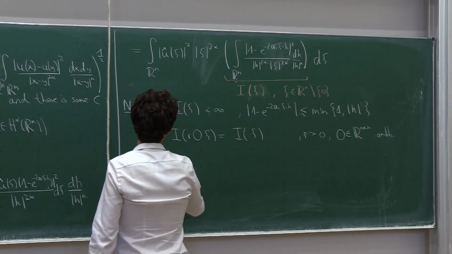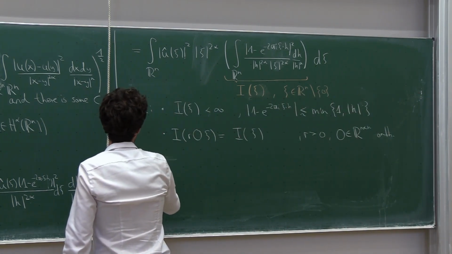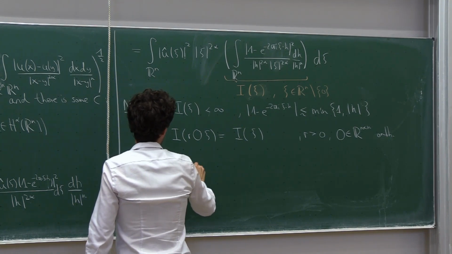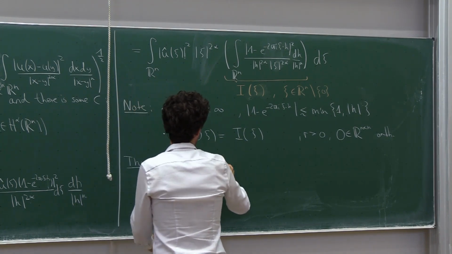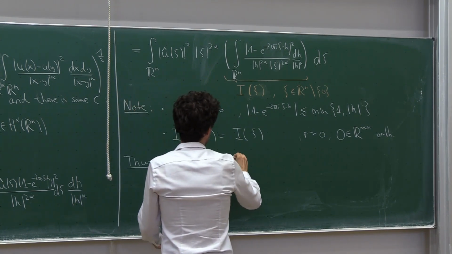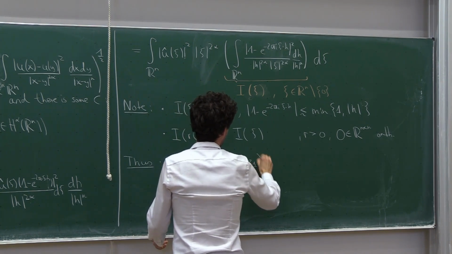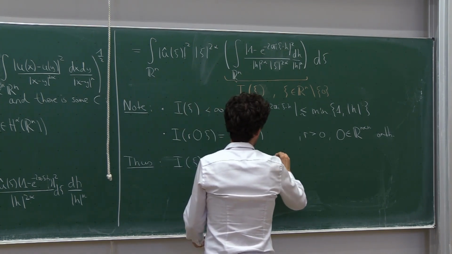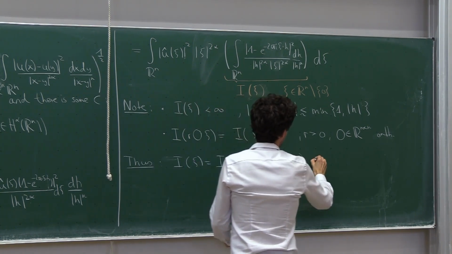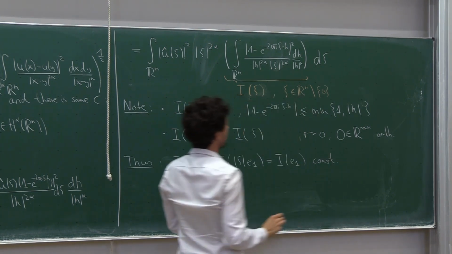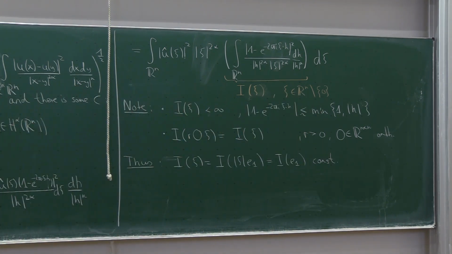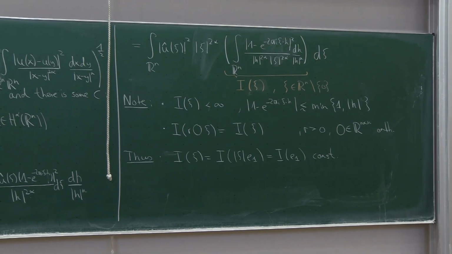So it follows that I of xi is the same as I of absolute value of xi times E1, is the same as I of E1. So it's constant. And the constant is not 0.